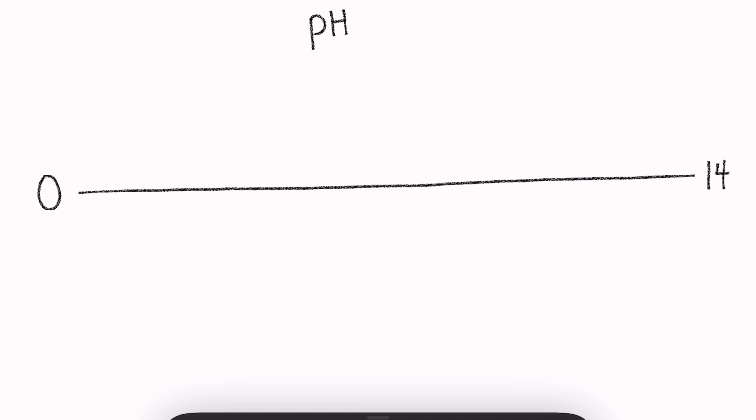The middle number is 7, and that is going to be neutral substances. What that means is that their concentration of hydrogen ions is going to be equal to their concentration of hydroxyl ions. And really, the only substance that's going to fit that description is going to be pure water.